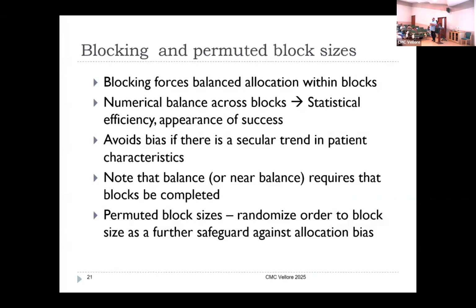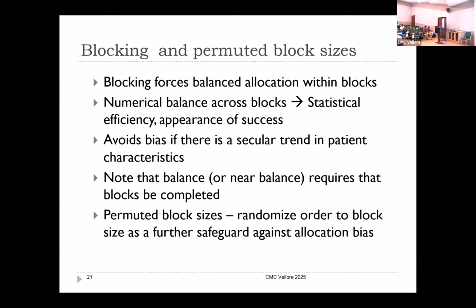One thing we commonly do, and maybe you've heard all about it, is blocking and permuted blocks. Blocking basically is done, for many reasons, but one reason is to make sure that the numbers in A and the numbers in B are balanced. So the size of A and the size of B is balanced.